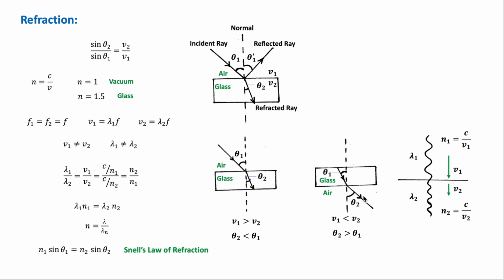In air, light has a speed of c = 3 × 10^8 m/s, while in glass, the speed of light is approximately 2 × 10^8 m/s. The reason light slows down in glass is the absorption and re-emission of light by the atoms of the glass as it propagates.